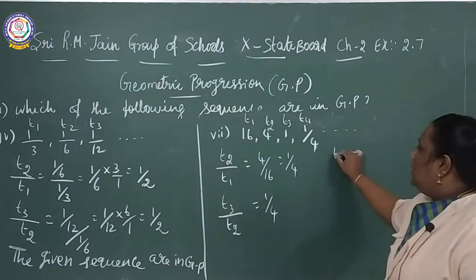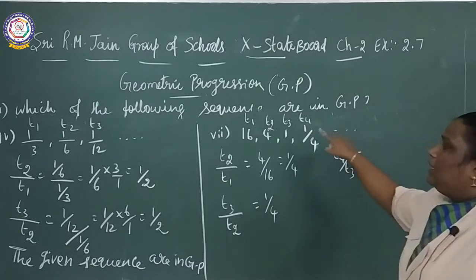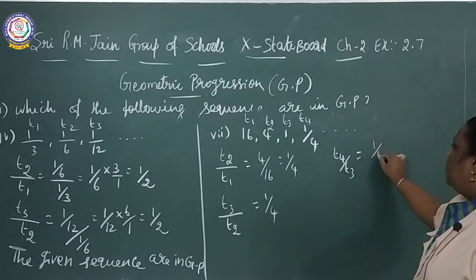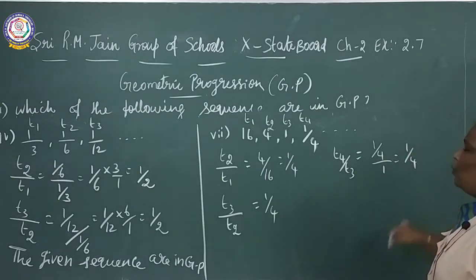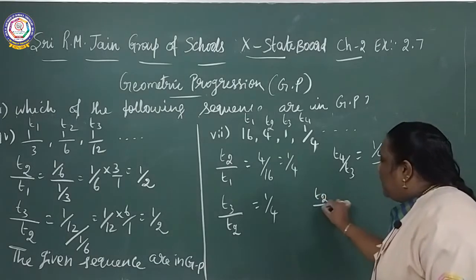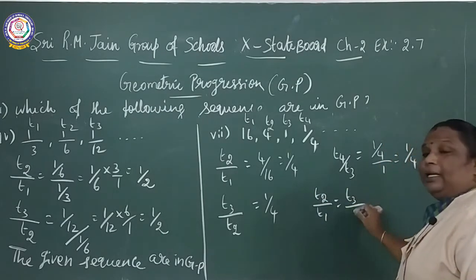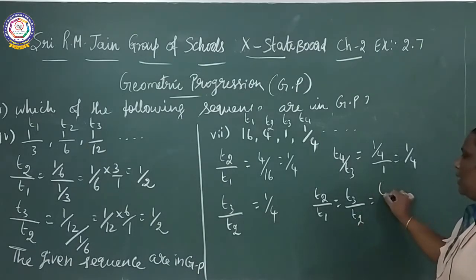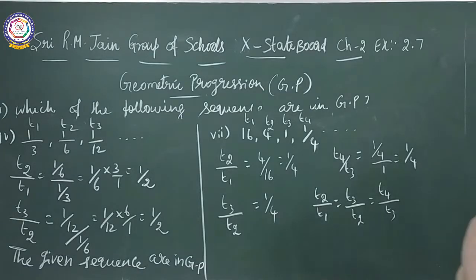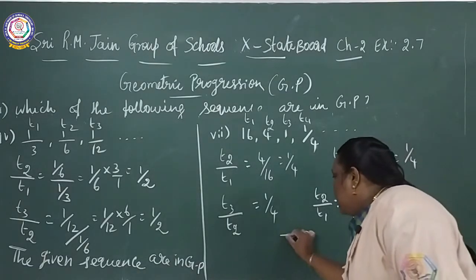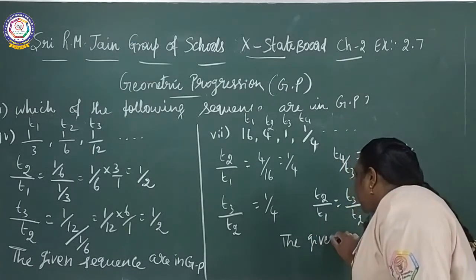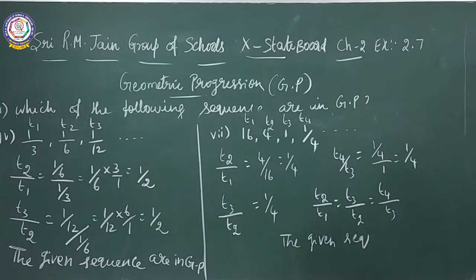Next, T4 by T3, 1 by 4 by 1, the value is 1 by 4, because all the ratios are equal. See, T2 by T1 equals T3 by T2 equals T4 by T3. The values are the same. So the given sequence is in GP.